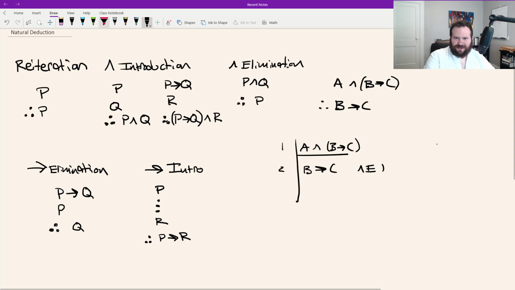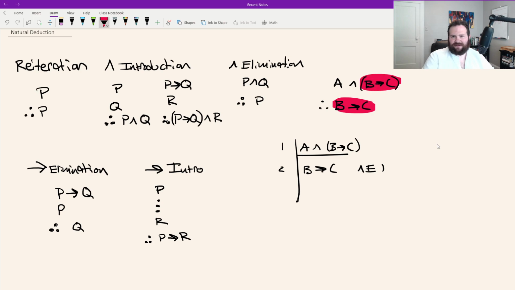So just because you have a conditional as your conclusion, it doesn't necessarily follow that you're always going to be using conditional introduction. What I would say as a matter of general advice for deciding whether you need conditional introduction or not is to look at your conditional. If you have a conditional as a conclusion, see if you can find it anywhere in the premises.